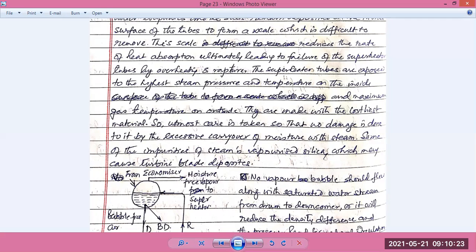But the problem is we are using mostly river water or some pond water in the thermal power generating plant, which is not totally purified, and it contains a lot of different types of salts and other impurities.